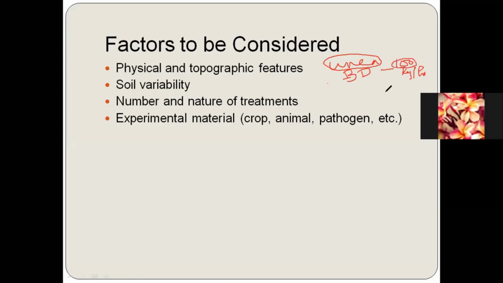Now your objective of study is to reduce the urea percentage and see whether the yield is reduced. When you talk about yield reduction, you can reduce by 1%. If you reduce 1%, what is the amount that you are applying now? That is one treatment.